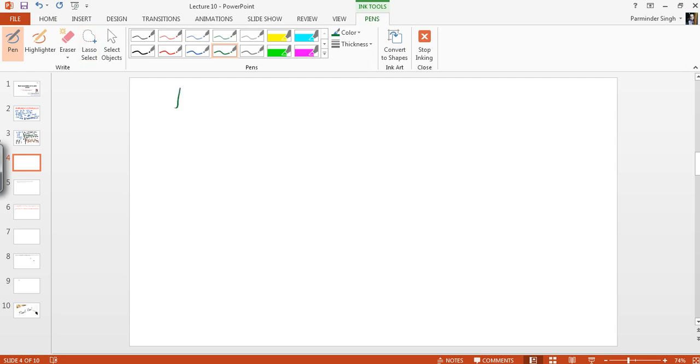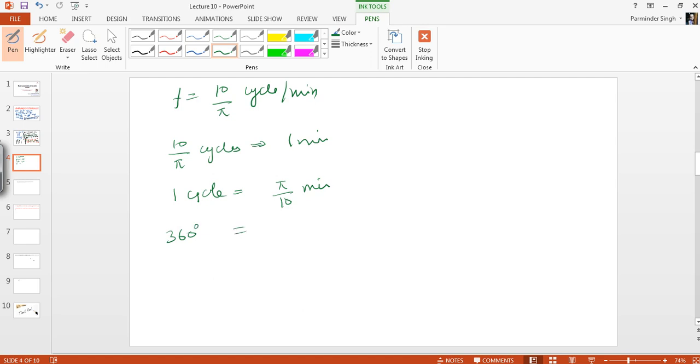We know that frequency is 10 by pi cycles per minute. What do you mean by this? That means 10 by pi cycles occur in 1 minute, right? So one cycle will occur in how many minutes? Pi by 10 minutes. Now one cycle means 360 degrees in pi by 10 minutes.